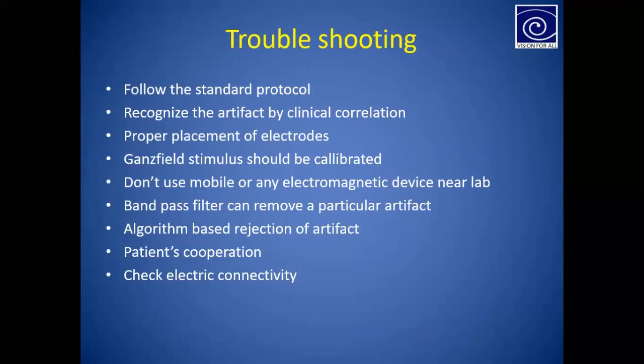Proper placement of electrodes should be ensured. Ganzfeld stimulation should be calibrated. We should not use mobiles or any other electromagnetic device near the lab, as I discussed. Band pass filters or algorithm-based rejection are implemented inside the machine to remove particular artifacts known to the system. Patient cooperation should be there, and we should check the electrical connectivity properly.